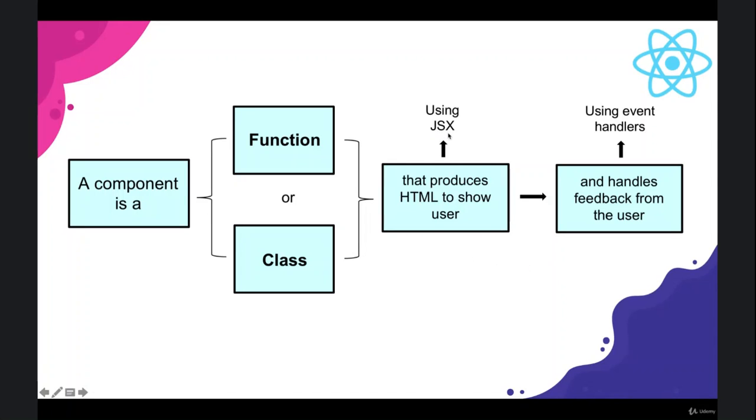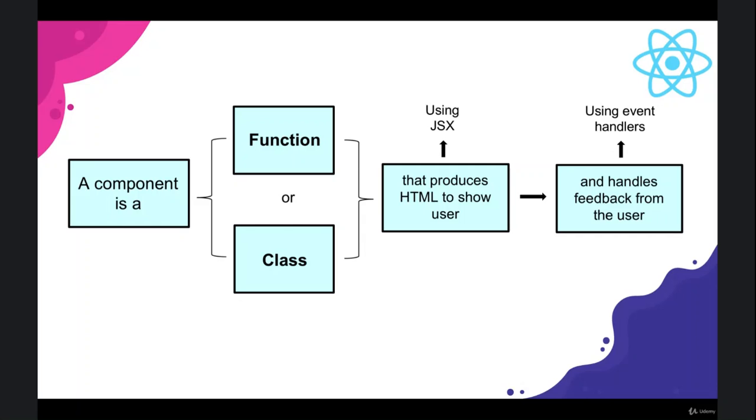So remember, JSX, that stuff's going to look like HTML. Now, in order to handle feedback from the user, you remember back when we used CodePen, we used those things called event handlers in order to handle feedback from the user? We're going to talk about this step a little bit later on, but right now our focus is just on showing content to the user and using a small amount of JSX.